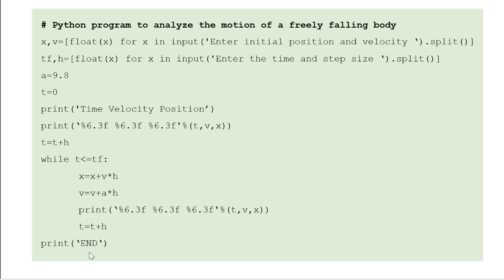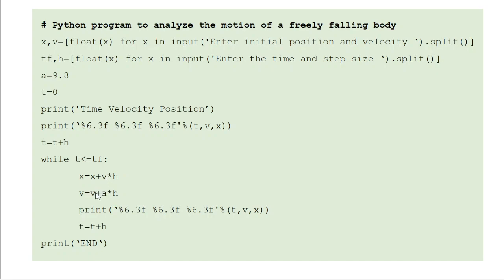The one thing you have to particularly keep in mind is that you should follow this particular order: the position equation first, followed by the velocity equation. Why? Because in the position equation you have a velocity term, and this velocity is the velocity in the previous step.